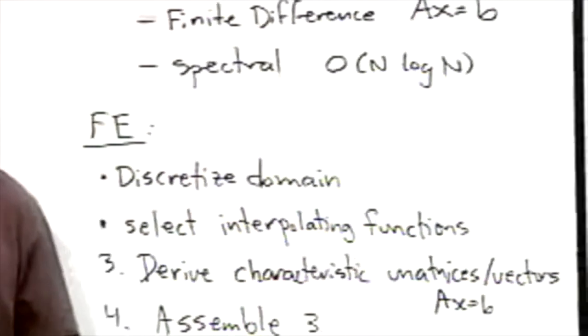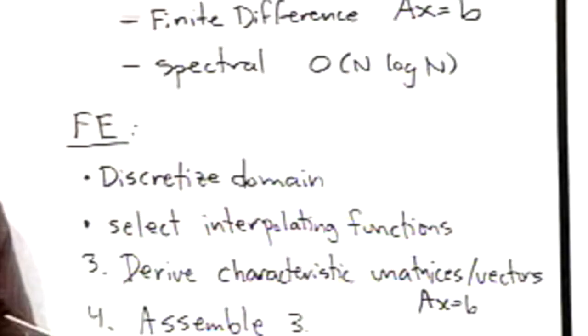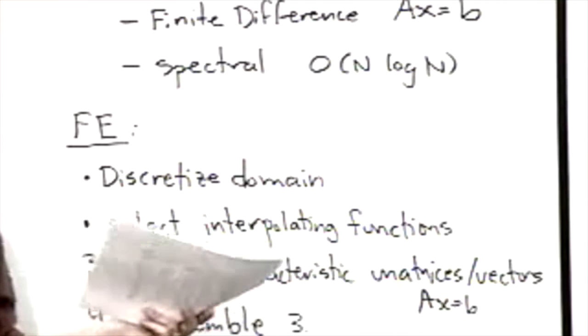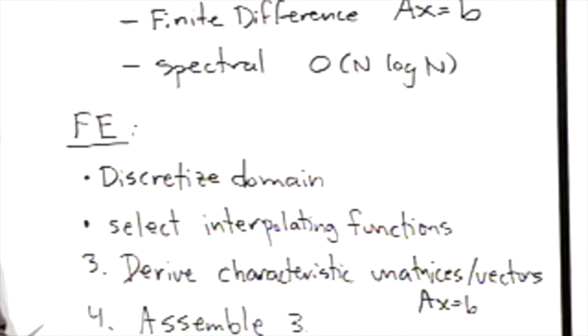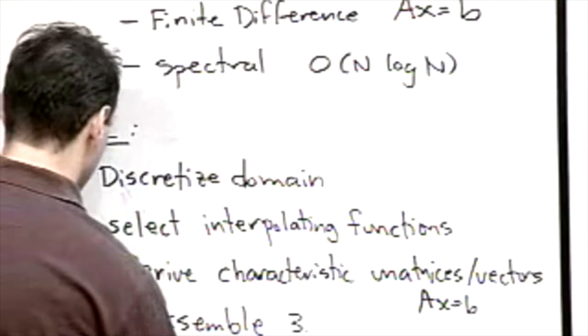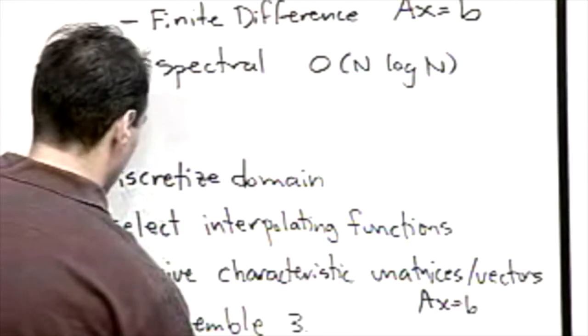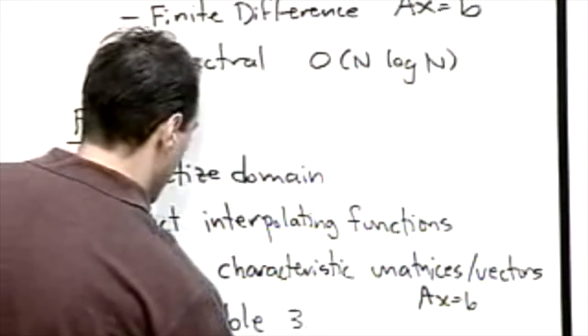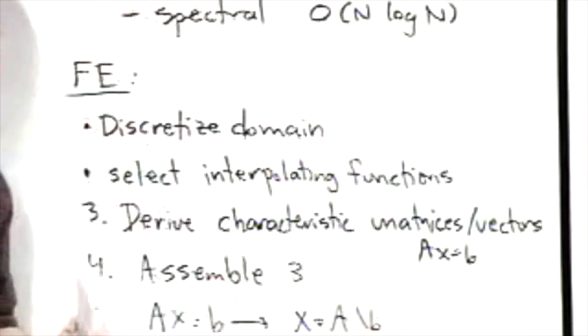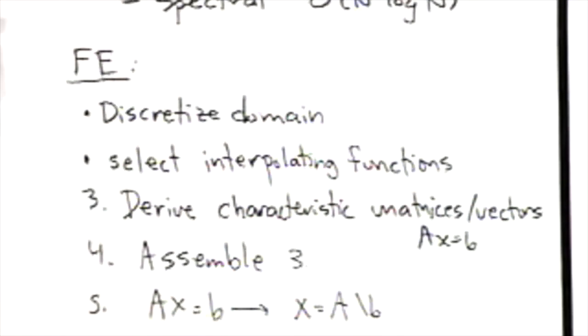It's a big task to do this. You'll see when we write some of these down on Wednesday. The AX equal B system is this huge thing that you have to do. But once you do that, it is just AX equal to B, and you solve AX equal to B by just saying that. And then you're done.